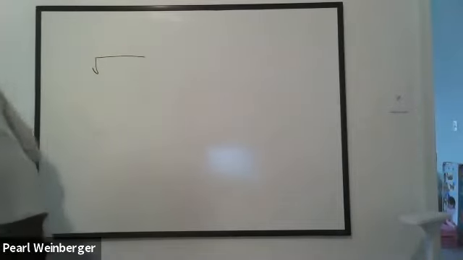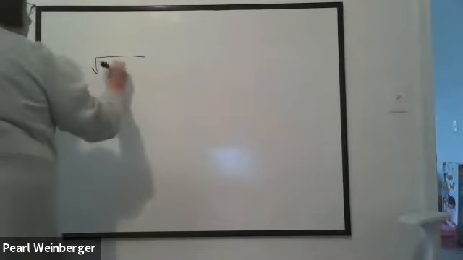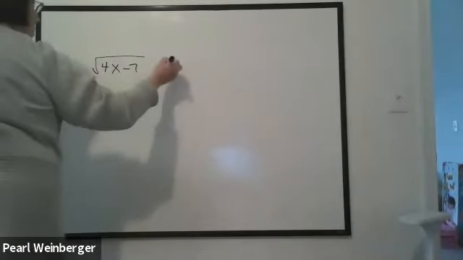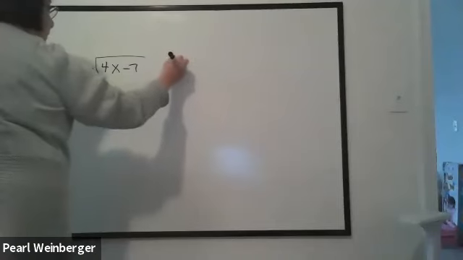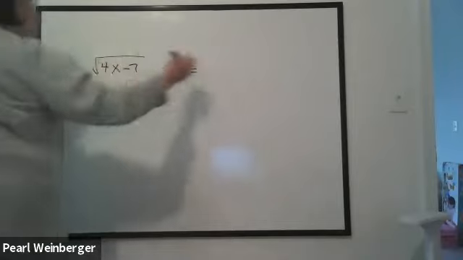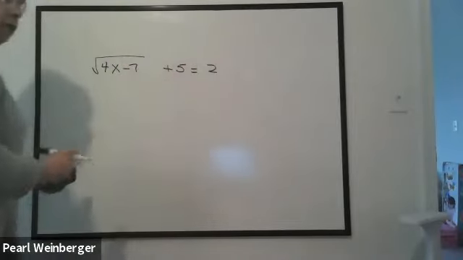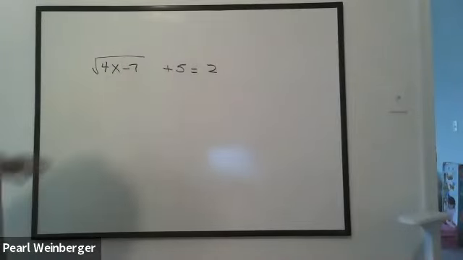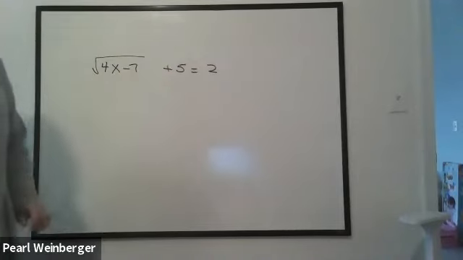I have the square root of 4x minus 7 plus 5 equals 2. Here is again a radical equation. I have the square root in my equation.